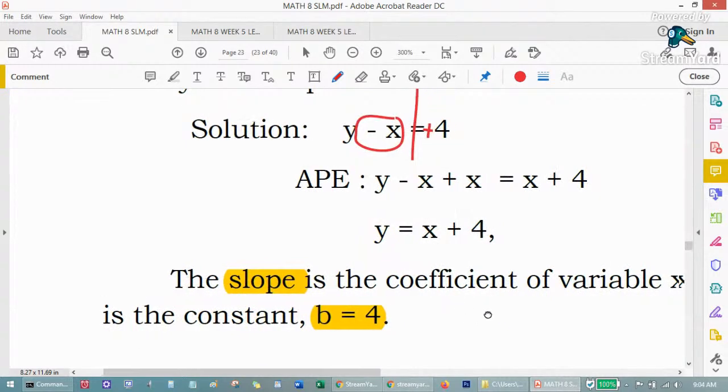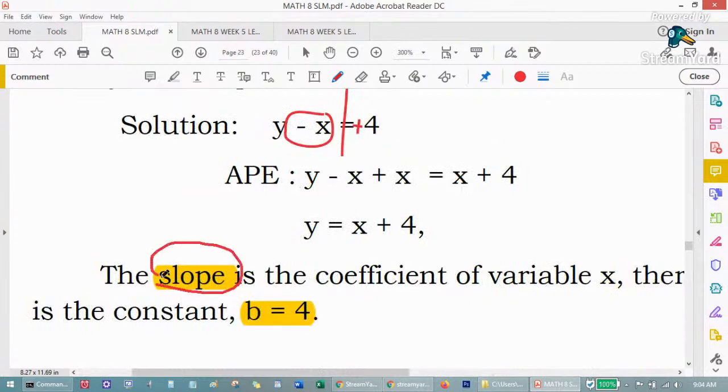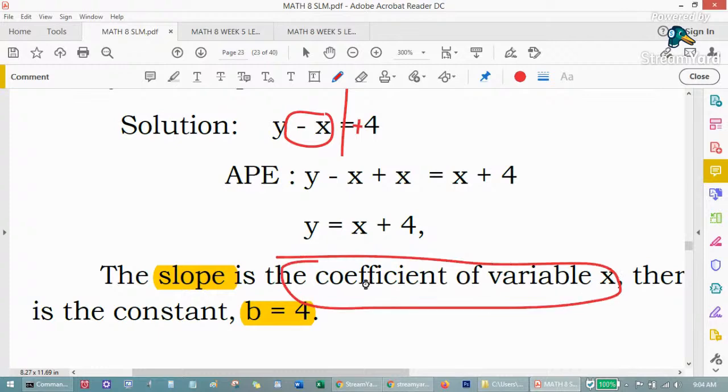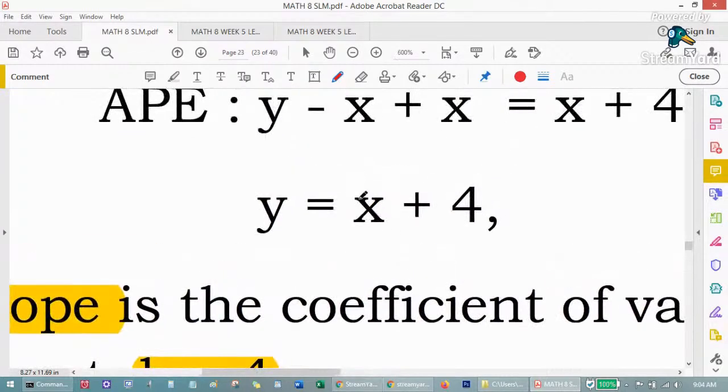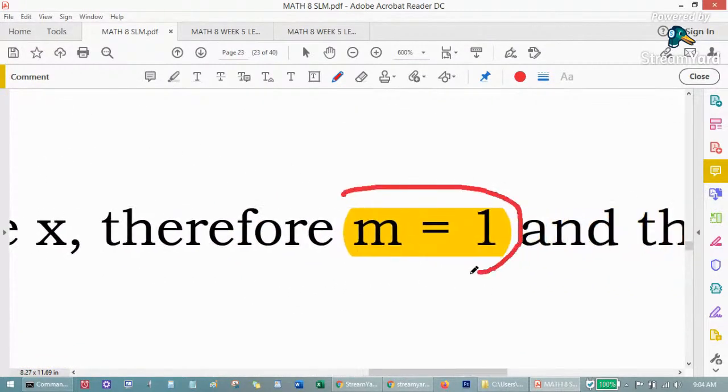So the slope, sabi dito is the slope is the coefficient of variable x. Since walang coefficient ang x, that coefficient is 1. Therefore, m is equal to 1.